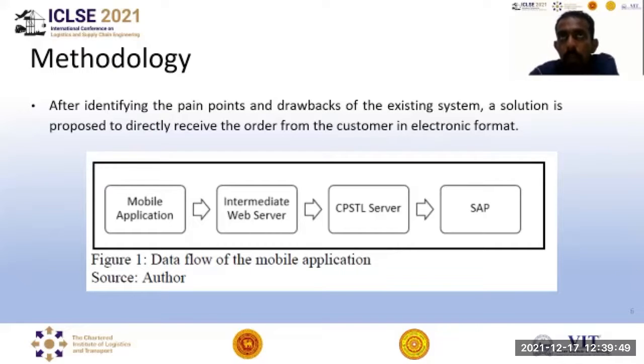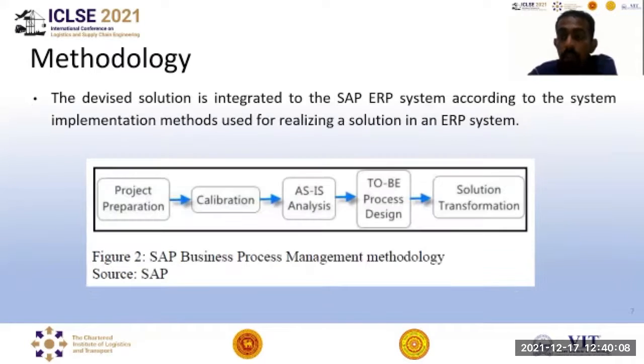So from the origin at the CPC filling station, the sales order information will be captured electronically, which will minimize the repetition of one person saying something or writing something down and faxing it to another. From the point of origin, the sales order information will be in a digital format. The next phase will be the integration to the SAP ERP system.